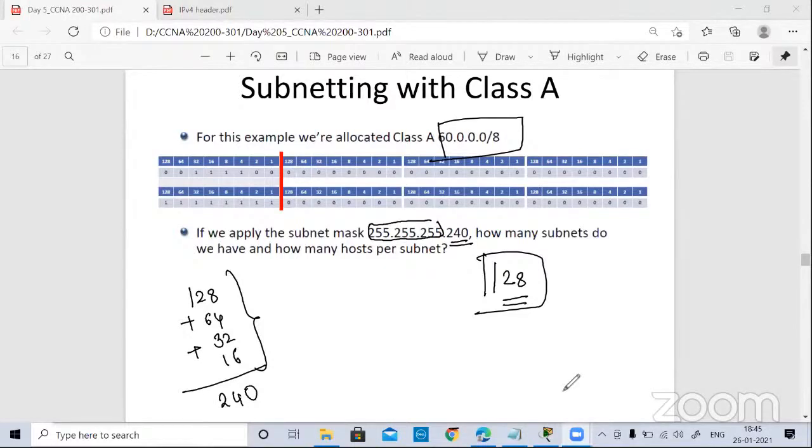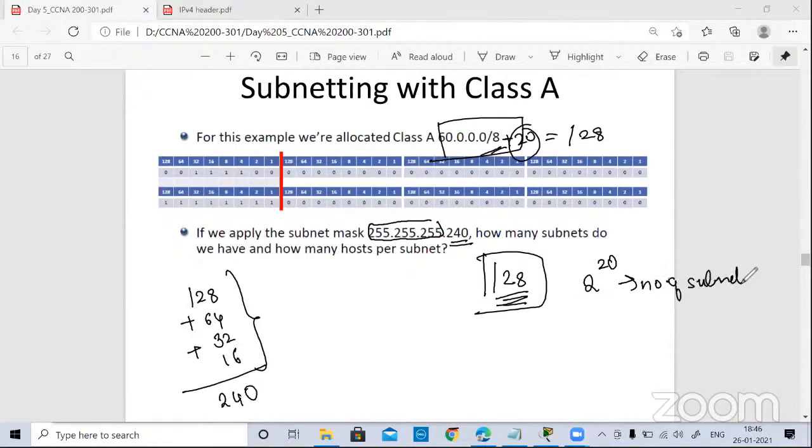Slash 8 and slash 28, so we have to add 20 here to make it /28. That means 20 bits we are adding on the network side. So we'll have 2 raised to 20 subnets.